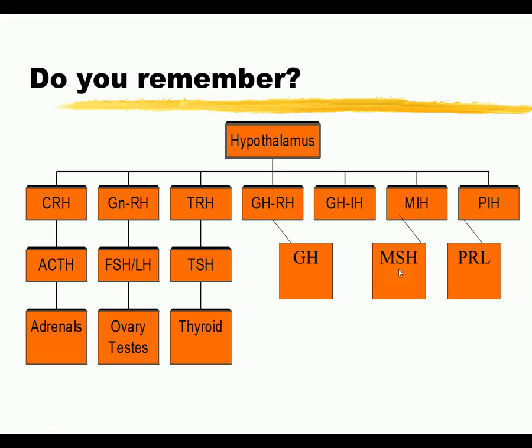It goes hand in hand with ACTH. So if ACTH levels are increased, MSH levels are increased. If ACTH levels are decreased, MSH levels are decreased. And that's all I want you to remember about MSH. It's two things, pigmentation, and it has a direct relationship with ACTH in that it goes the same direction.